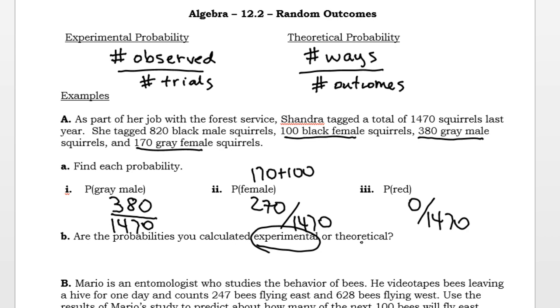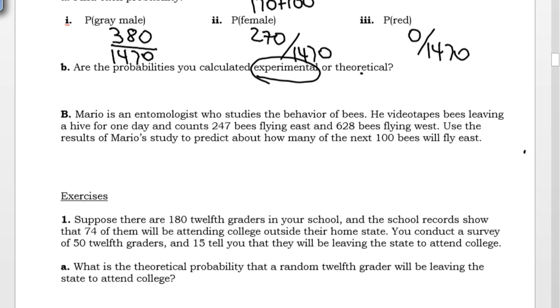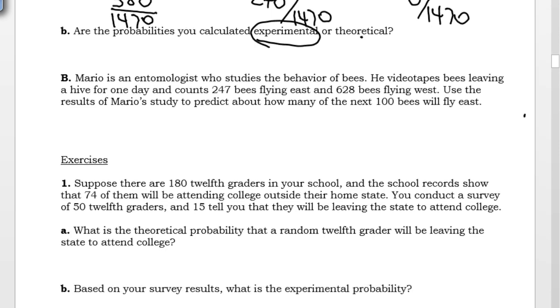Letter B says, Mario is an entomologist who studies the behaviors of bees. He videotapes bees leaving a hive for one day and counts 247 bees flying east and 628 bees flying west. Use the results of Mario's study to predict about how many of the next 100 bees will fly east. So first we need the probability of flying east.